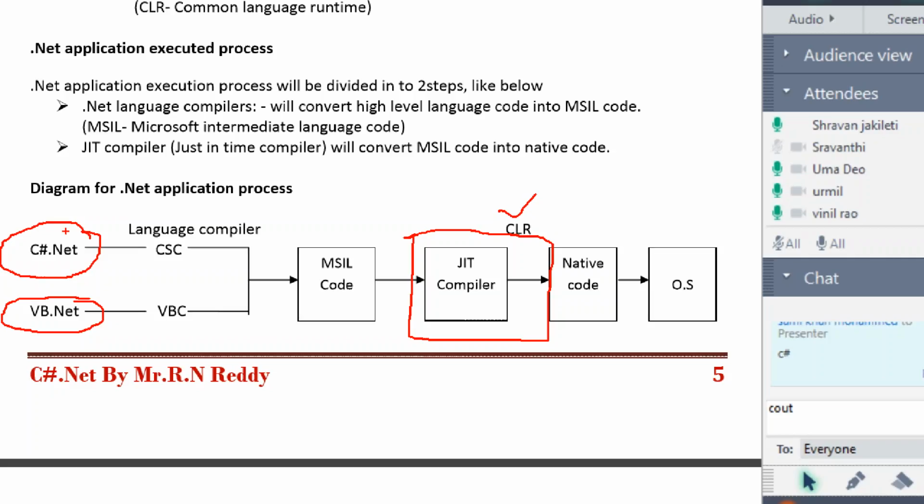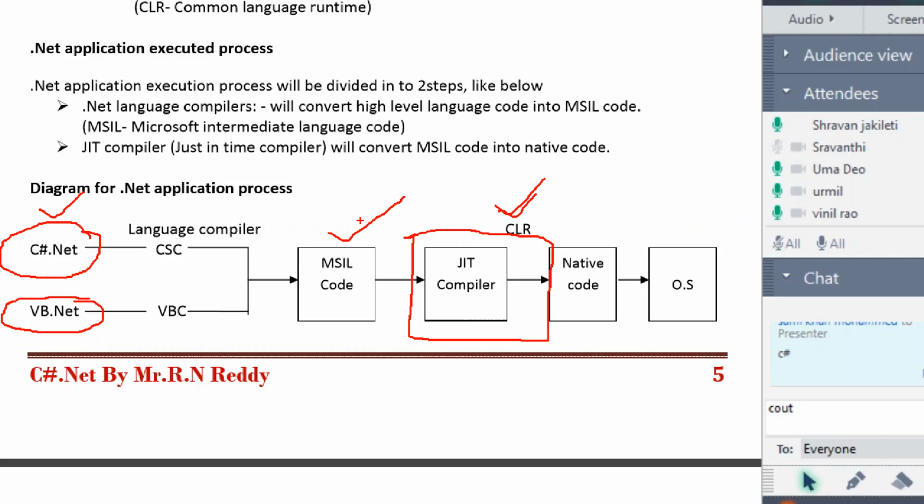Due to that reason, programming languages, whether C, C++ or .NET languages, we generally call them high-level languages. This high-level language code, which is in English, can't be understood by your execution engine. Your execution engine called CLR can understand only MSIL code. Here MSIL stands for Microsoft Intermediate Language.